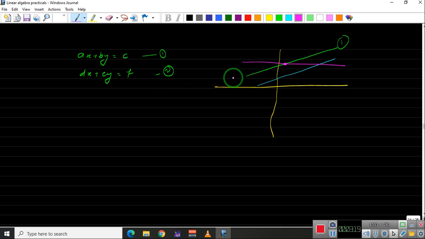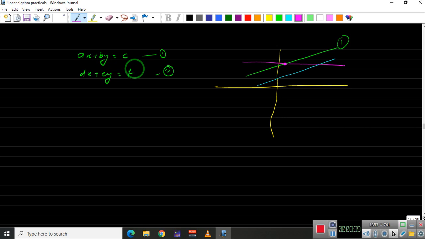So if somebody asks whether the system has 10 solutions, you can directly say this system cannot have 10 solutions, or 90 solutions. If at all it has a solution, it has to be unique, or infinite, or it does not have any solution.